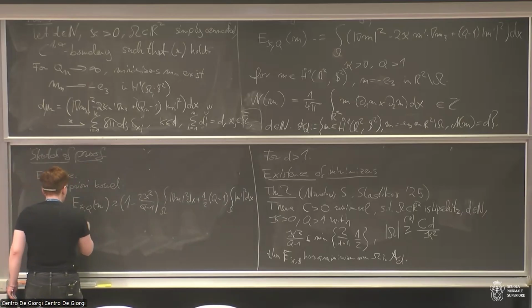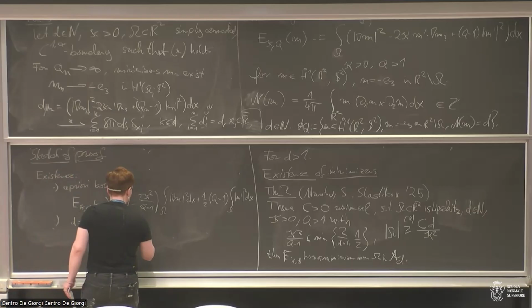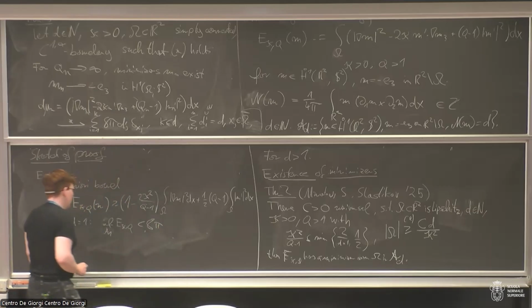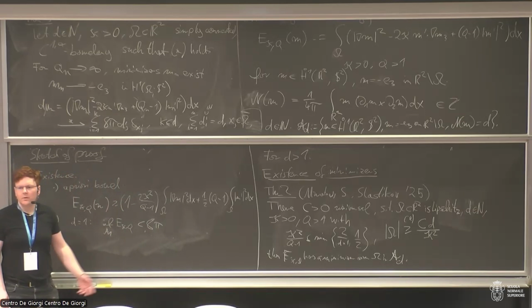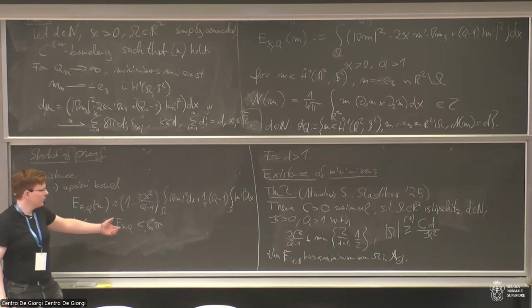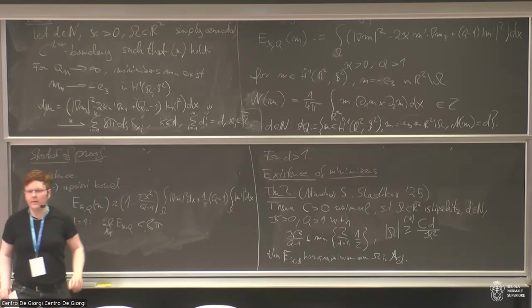For degree one, you had to say that the inf of E kappa Q for degree one is strictly less than 8 pi because, well, if you had a minimizing sequence which concentrates into a point, the lower order terms would vanish. The topological lower bound would give you 8 pi, and that tells you that concentration cannot happen.